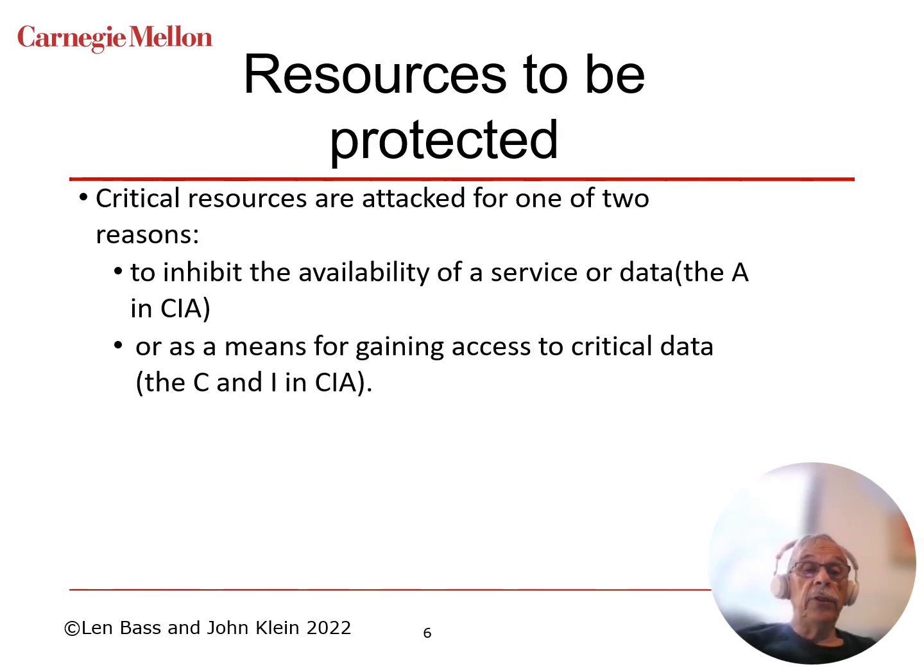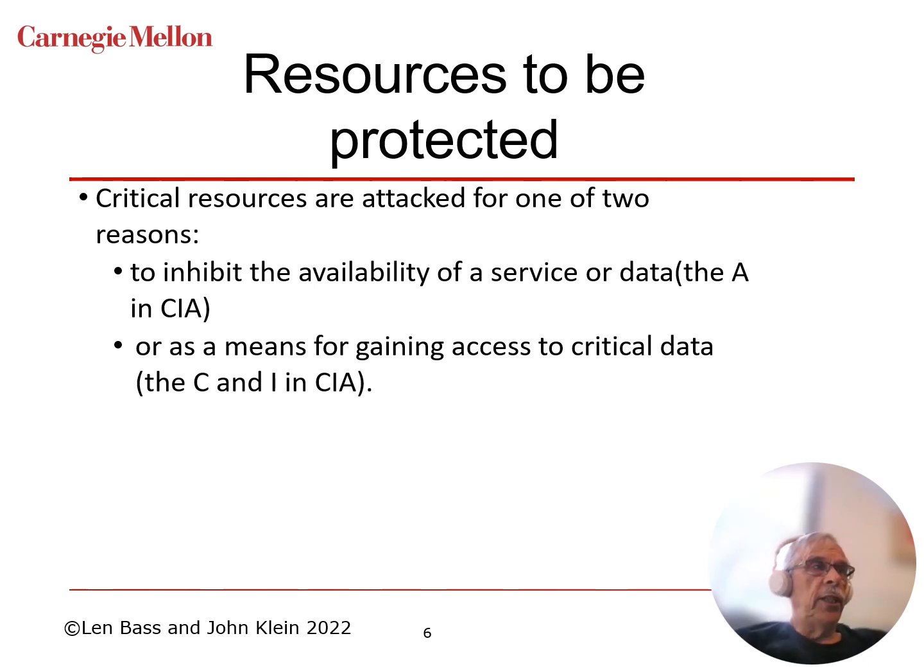What kind of resources do you want to protect? And why do you want to protect them? There are two reasons. One is that if you're subject to a denial of service attack, that would be through the resources, and so you want to restrict access to the resources as a way of protecting against denial of service.